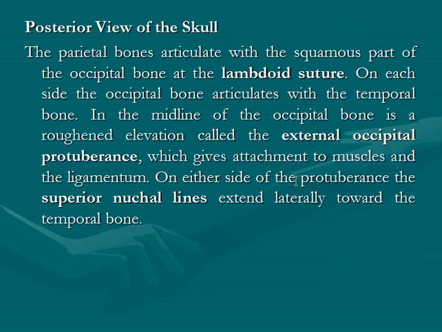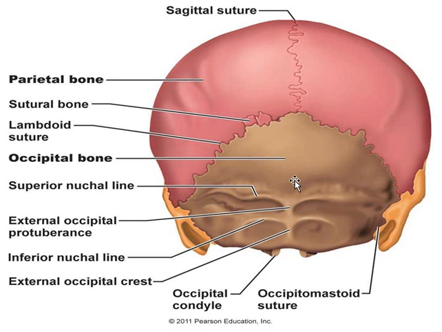Now the posterior view of the skull. From the posterior view, we can see mainly the squamous part of the occipital bone, and part of the squamous part of the parietal, and the joint area, and this is the fibrous joint named the lambdoid suture.